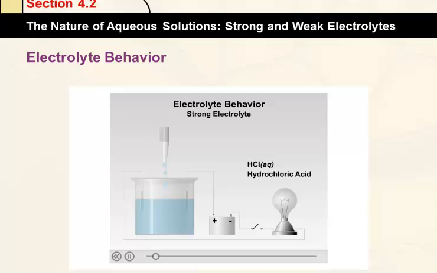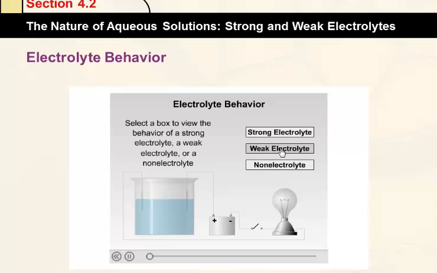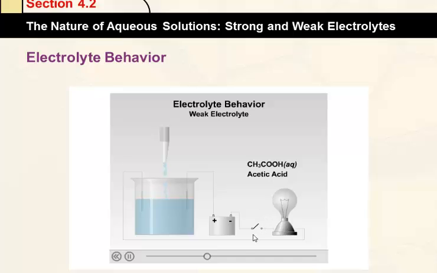Strong electrolytes dissociate completely to give ions in solution that conduct electrical current. Soluble salts, strong acids, and strong bases act as strong electrolytes in solution. Weak electrolytes dissociate to a small extent to give only a few ions in solution available to conduct electrical current.